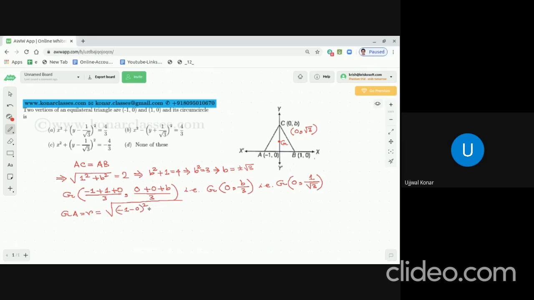That is equal to the square root of 1 square, that is 1, plus 1 by 3, that is 4 by 3, which is equal to the square root of 4 by 3. Now we need to find the required equation of the circle.